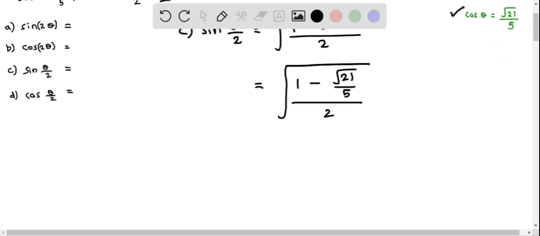Let's simplify this. This becomes 5 minus square root of 21 over 5, and then we have to divide by 2. So this 5 and 2 get multiplied, and this becomes divided by 10. So this is the exact value of sine of theta over 2.